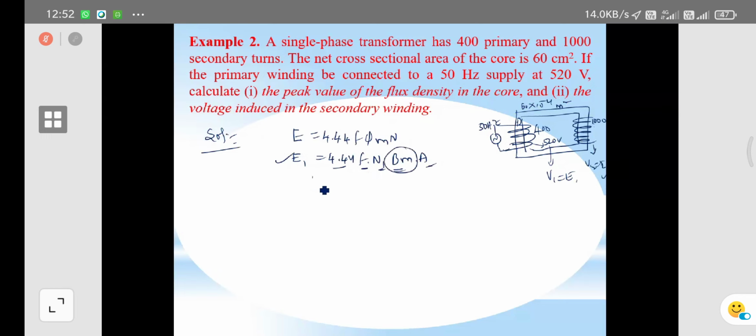Then Bm equals E1 by 4.44 f into N1 into A.